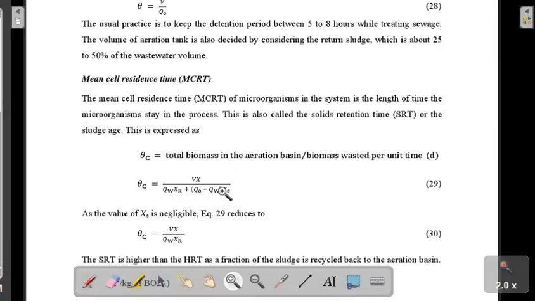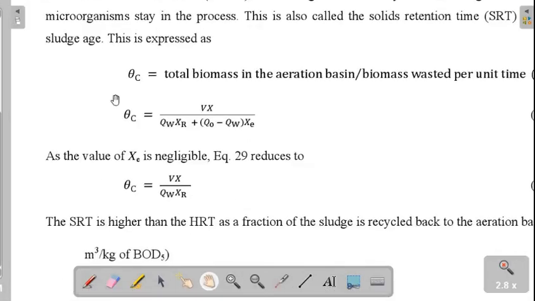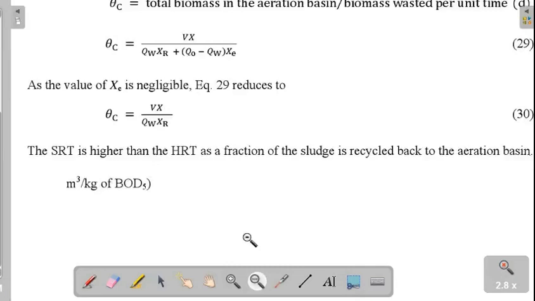From that, we can easily calculate the mean residence time. Or we can neglect the value of Xc, meaning we consider the microorganism concentration in the effluent to be 0. At that time we can write this equation as V X by Qw XR.